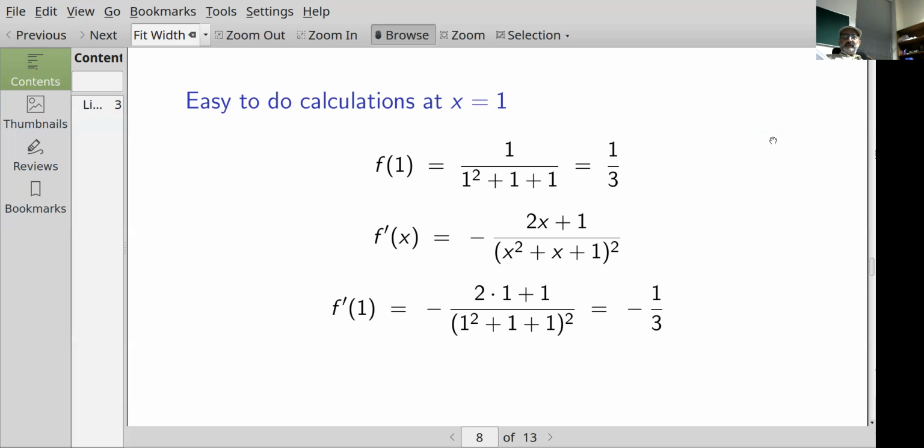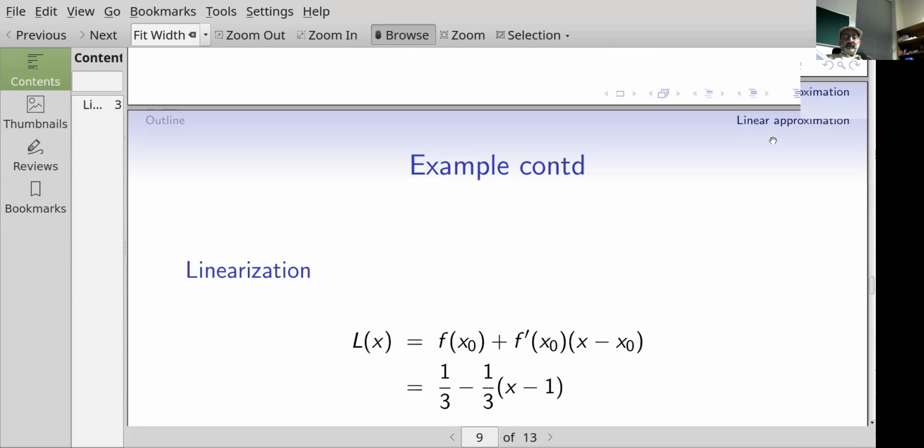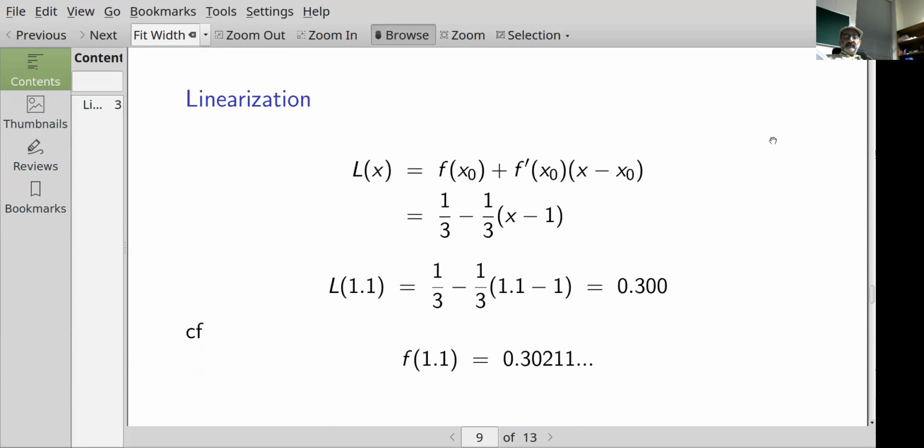Okay, so now I have the function value at 1 and I have the derivative at 1, so I can find the best linear approximation at x is equal to 1. Okay, so the linear approximation is given by f of x naught plus f prime of x naught times x minus x naught. F of 1 was 1/3. The derivative at 1 was minus 1/3 times x minus 1.